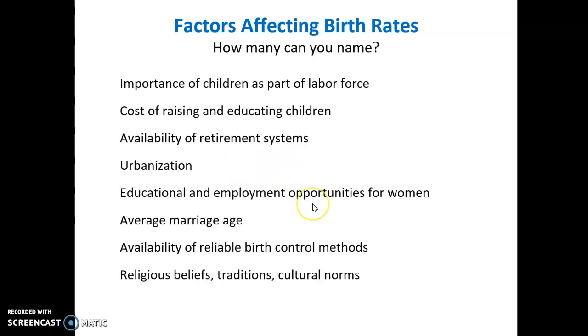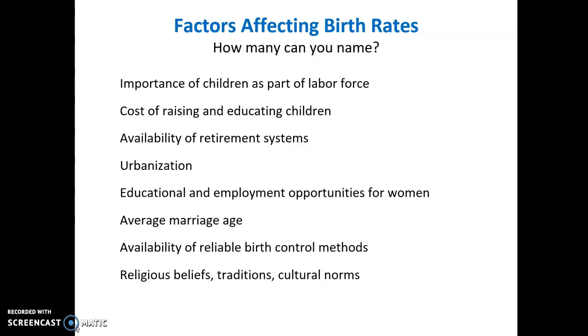Another important factor is educational and employment opportunities for women. So in some countries, one of the most effective methods that's been implemented to reduce the number of births is to provide educational opportunities and employment opportunities for women.